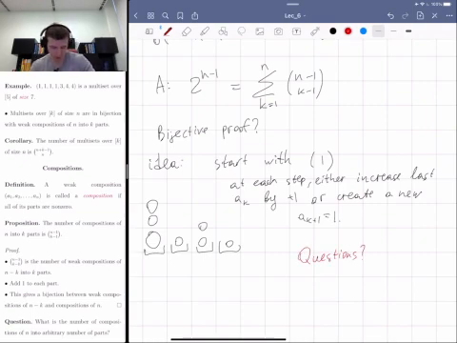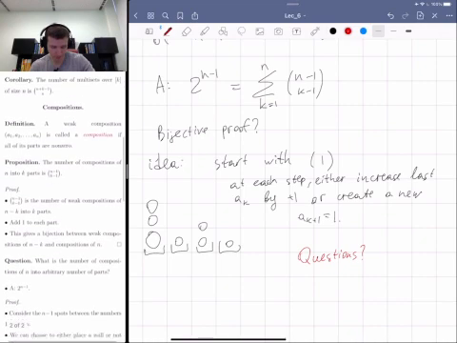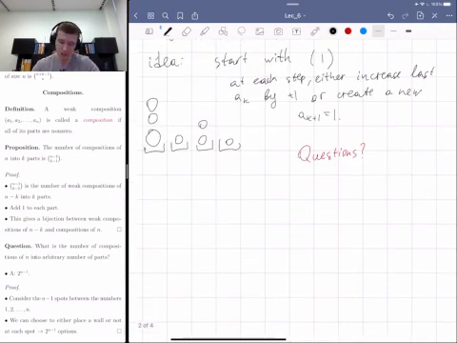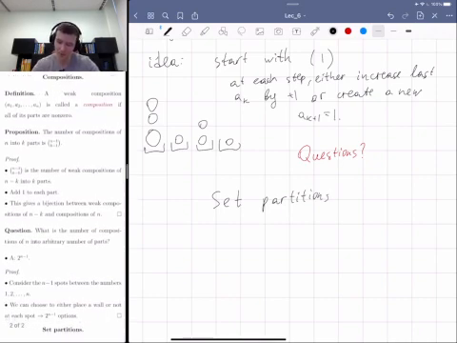I have some other proof in here. All right, no questions. Now is the part where things get actually complicated, at least formula-wise. Proof-wise, we're going to apply all the same principles, but the next topic is set partitions.